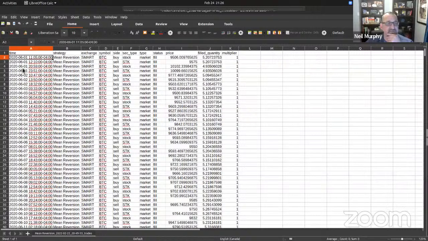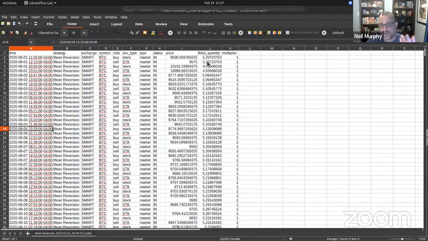So you can see here, we were doing like, I think 4 trades a day, 3 trades a day on average, kind of reasonable there for this strategy. And it shows you the strategy name, the exchange. I'll explain that more later. Symbol, buying and selling, what's the security type, the type of order that it was. It's filled. Here's the price, and here's the quantity, right?